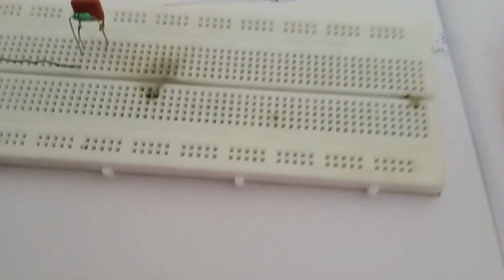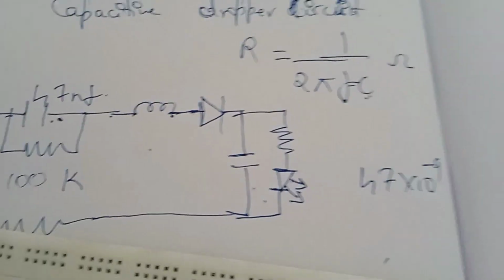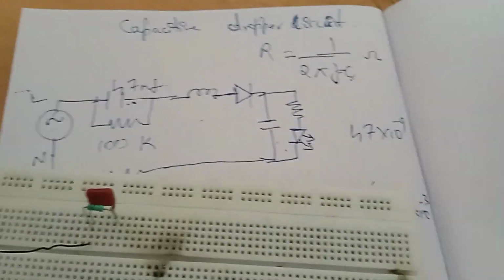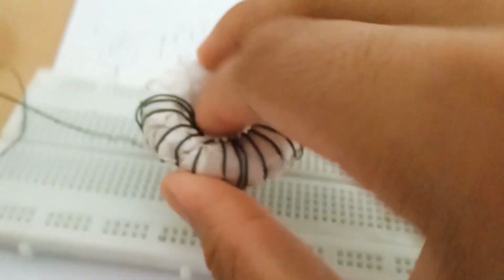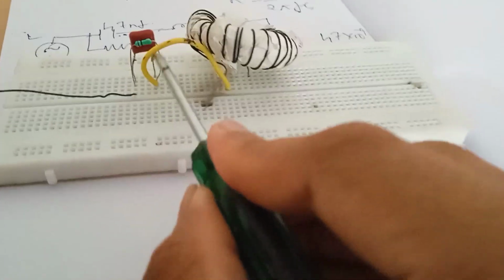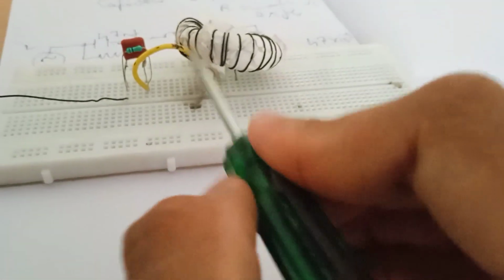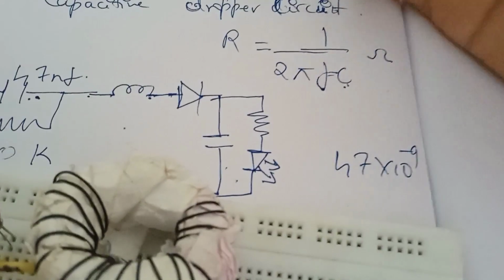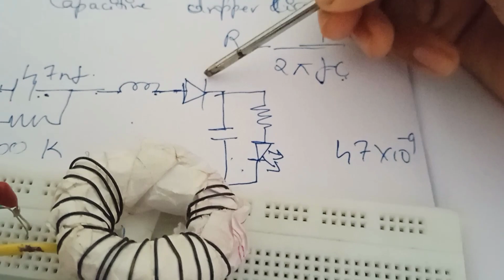Next is this inductor, this garbage inductor. I have fixed it here. This is in series, here it goes to the inductor, and then here it is. So now I have this diode.